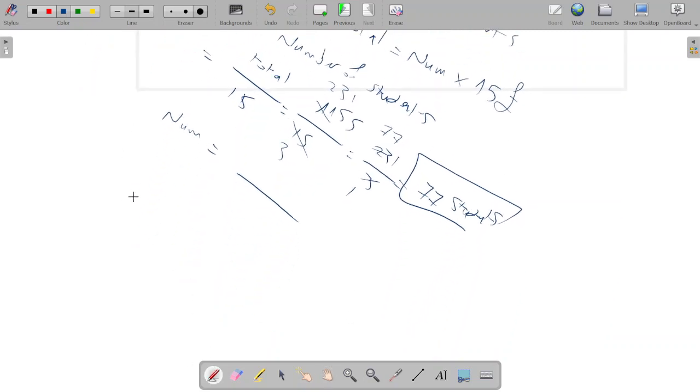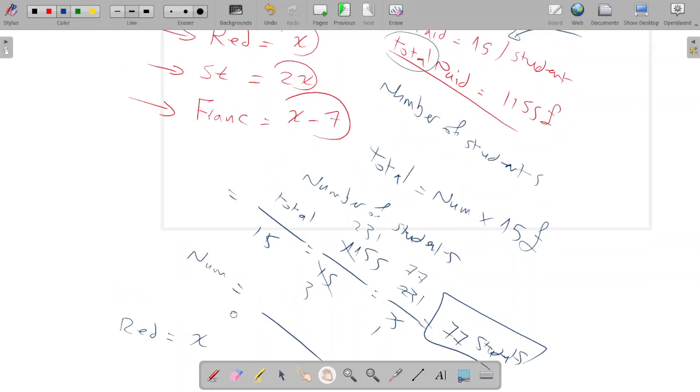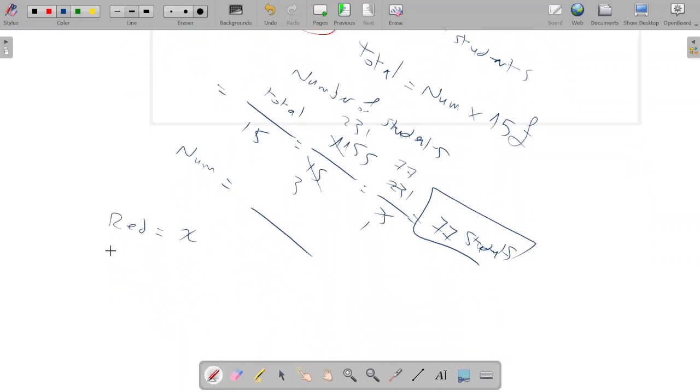So since I know that the first school, the red school, sent x students, and the other school, let's call it St., sent 2x, and France sent a number of students that is less by 7 than the red.